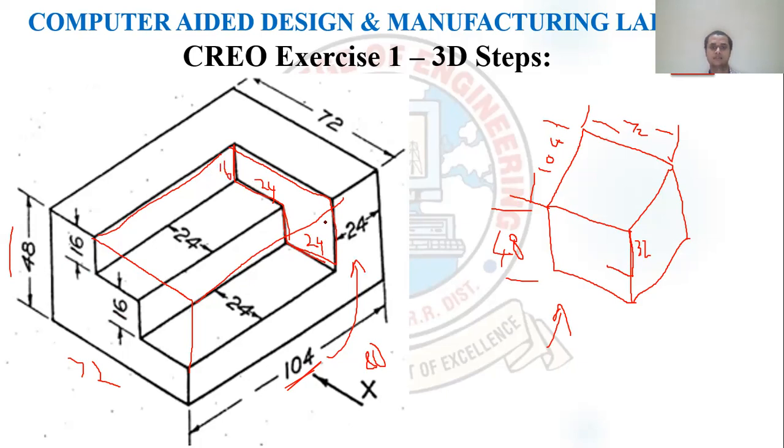Out of this 32 depth I'll give a height of 16, and again I'll make the left side 24, and automatically this height will become 16.